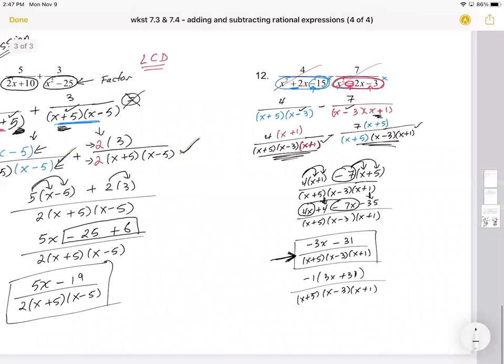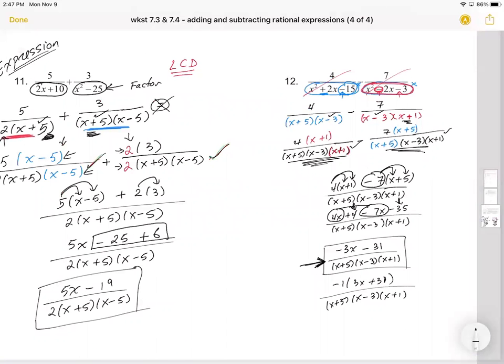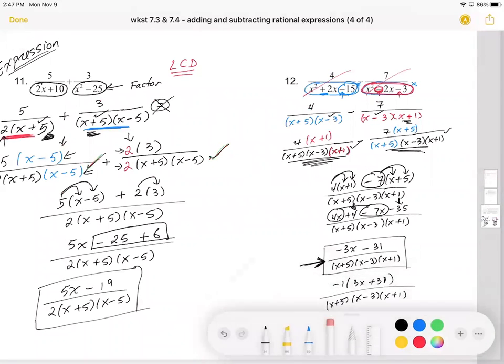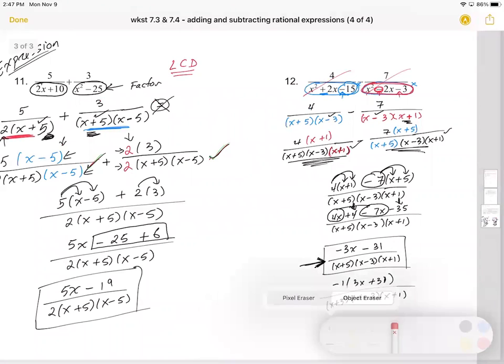So again, looking at this, try to determine the difference between the two problems we did today. That's the main thing a lot of students ask me: when do we get rid of the denominator versus when do we just keep the denominator?